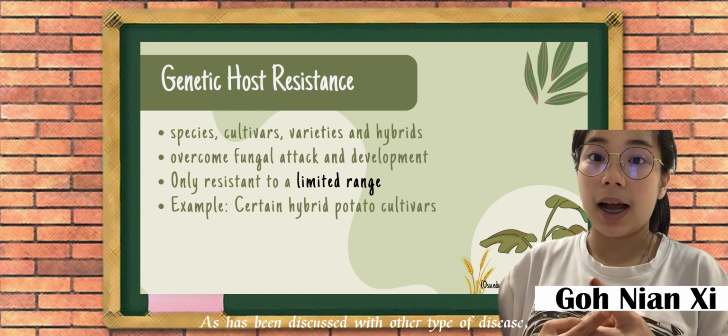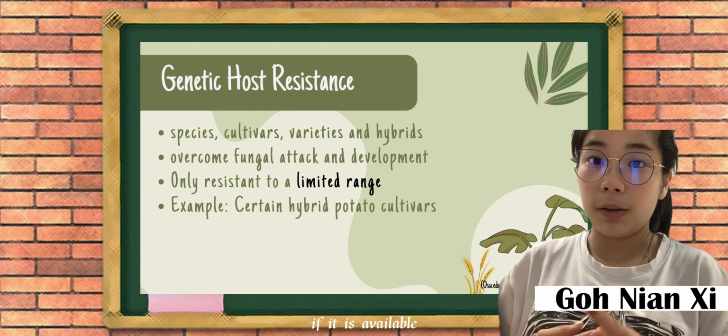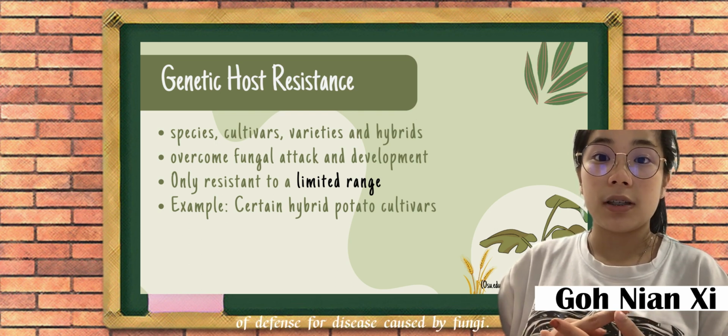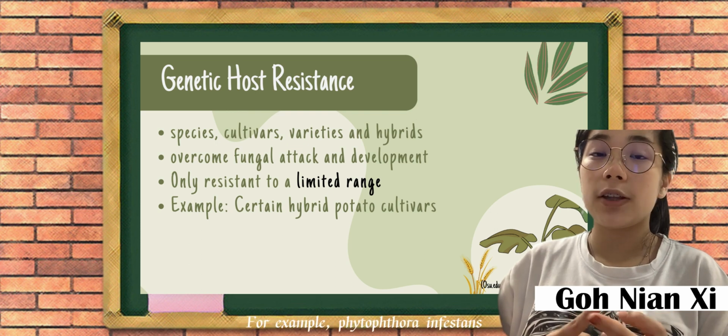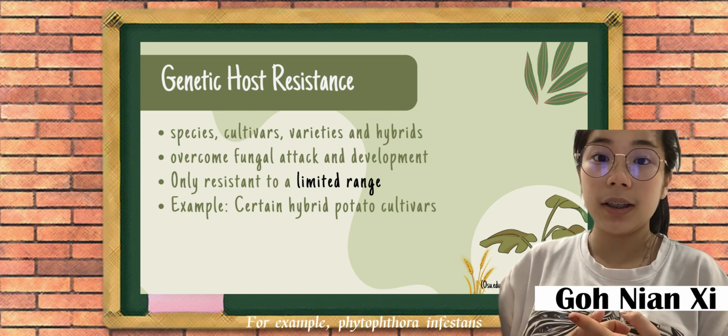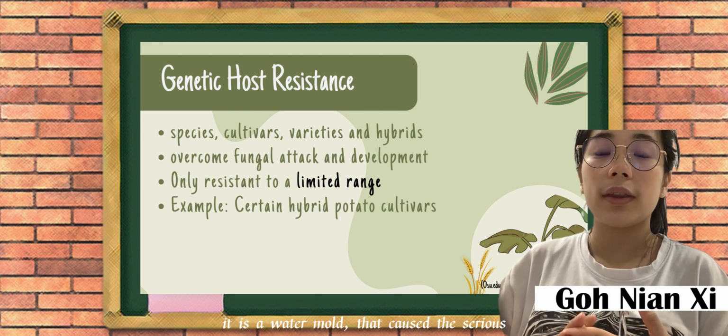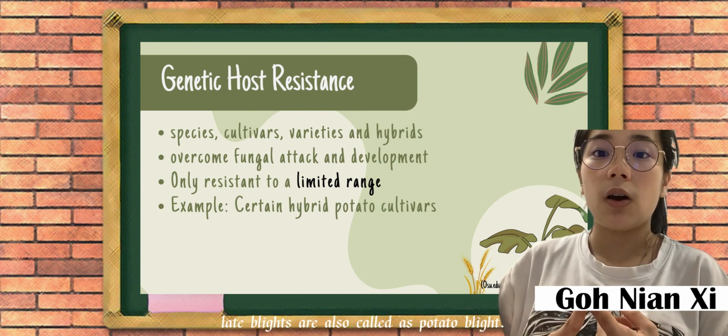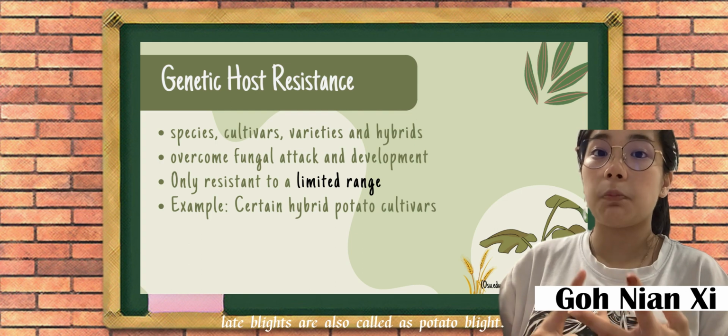As has been discussed with other types of disease, if it is available, it should be the first line of defense for disease caused by fungi. For example, Phytophthora infestans is a water mold that causes the series of potato and tomato diseases known as late blight, also called potato blight.